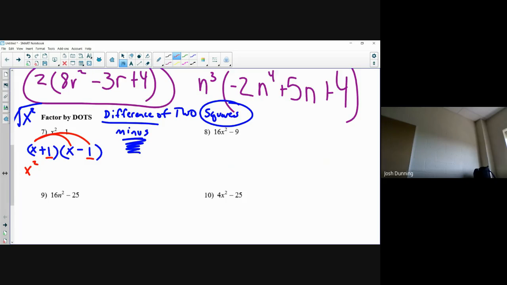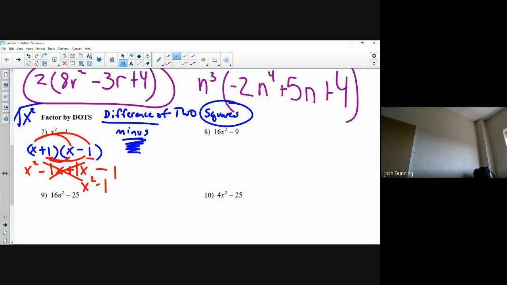So since they're opposite signs and the numbers and the x's are the same, you're always going to end up with a negative and a positive of the same term. They will cancel. Since you have a plus and a minus, a positive times a negative is minus. 1 times 1 is 1. That's why the question has to have a minus sign in it, so that those middle two terms will cancel out.